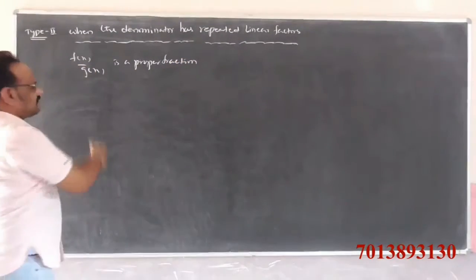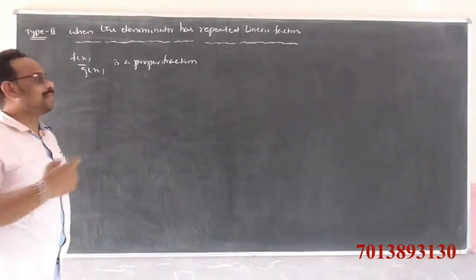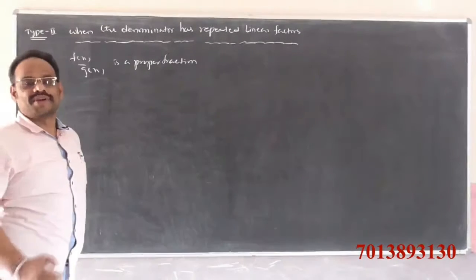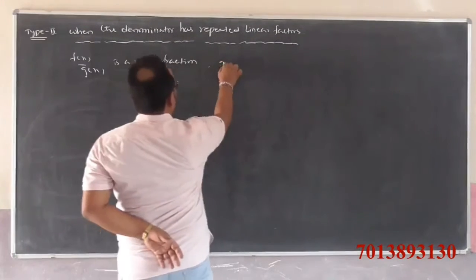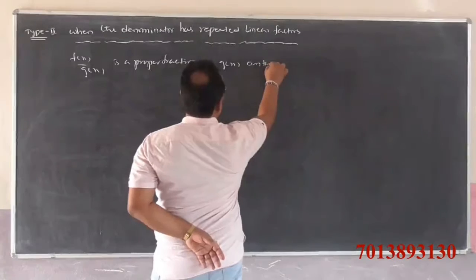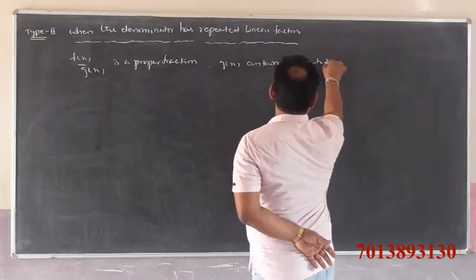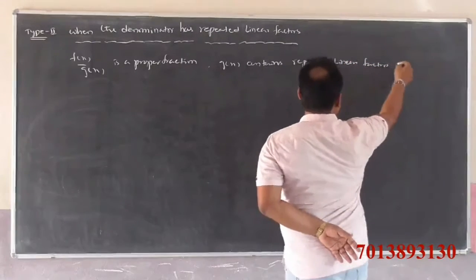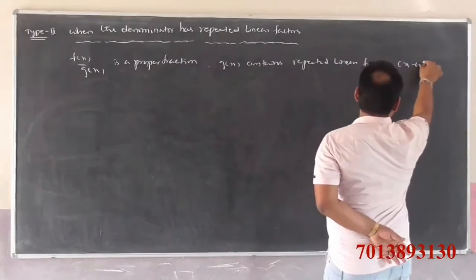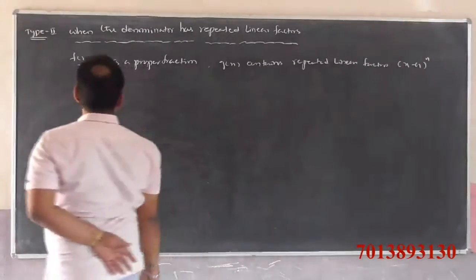Then g of x contains the repeated linear factors. That means g of x contains repeated linear factors, that is x minus a whole to the power n.